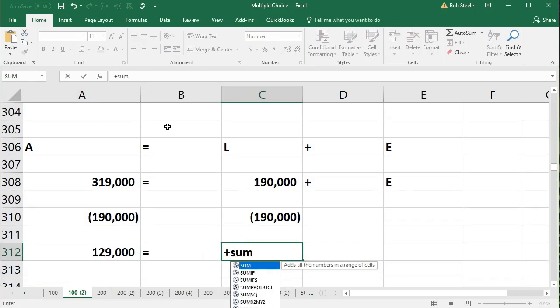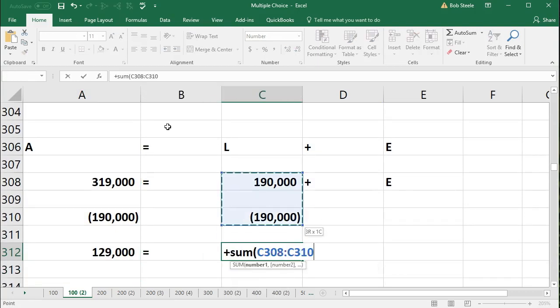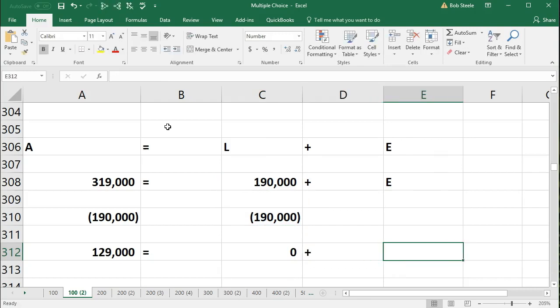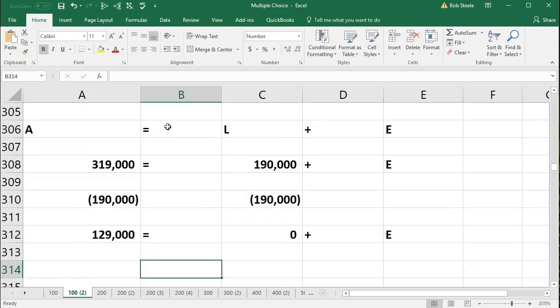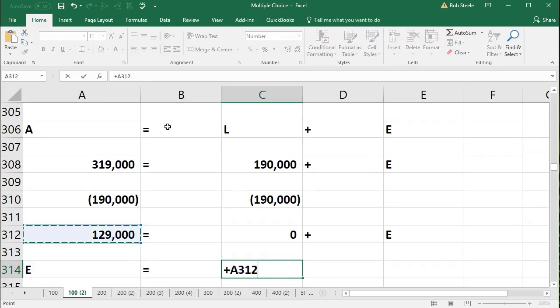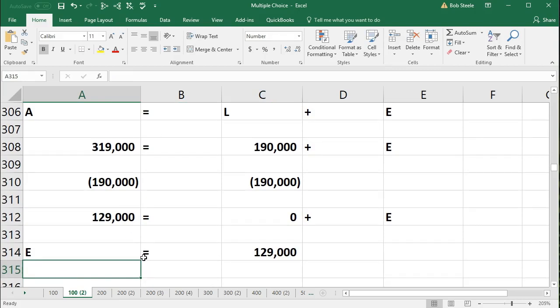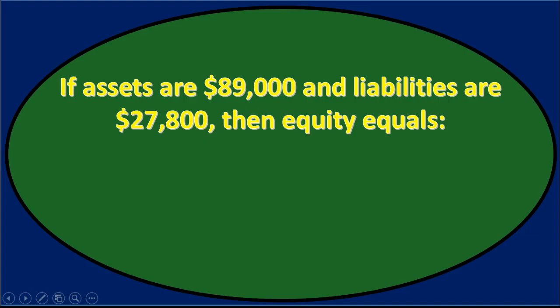If, of course, we say 190 minus 190, that is 0. And that's going to equal equity. If we flip that around, we're just going to say that equity then is equal to 129,000.